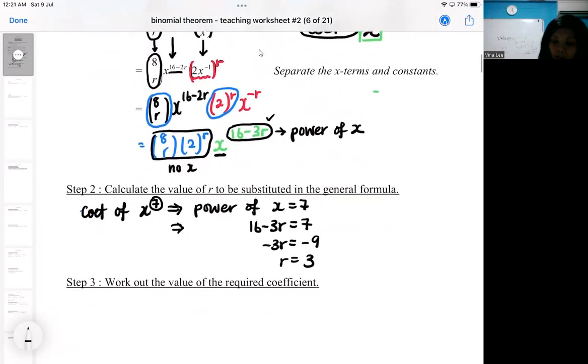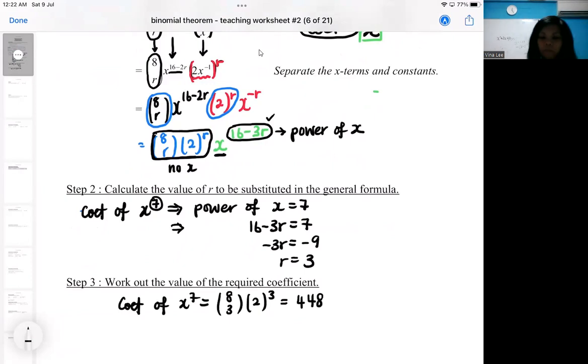You put the nice number into the part with no x. The coefficient is the part with no x. You put it in this part, and you punch the calculator. So this is the coefficient that we want.